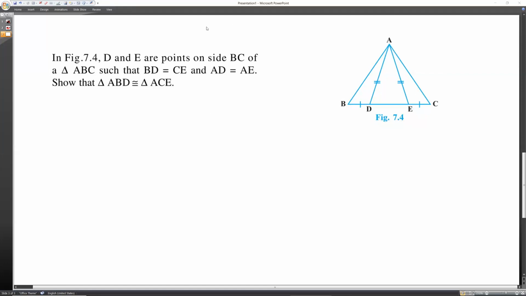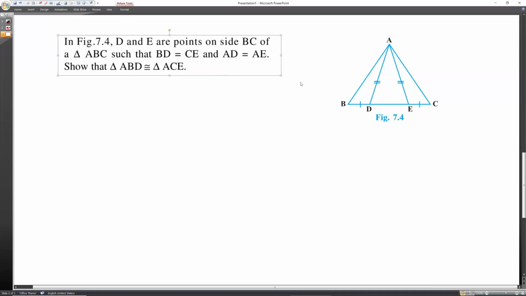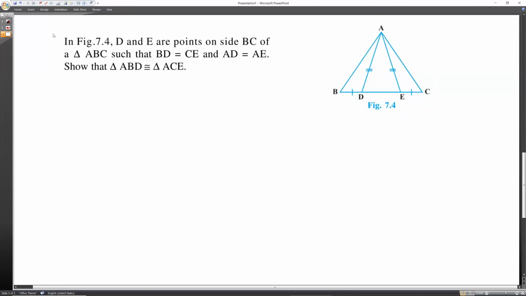Here, this is a question on your screen, and please try to solve this one. Is it visible to you? Yes, sir.